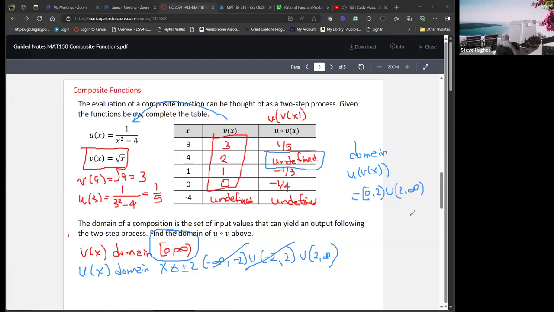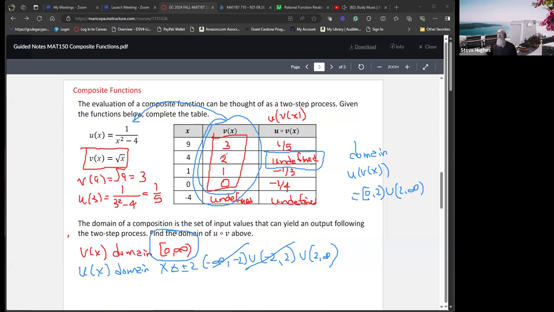So when you're doing the domain of these functions, everybody, consider first of all, what can I put into v of x? That's the first step. What can I put into v of x? And we saw that right here, anything greater than or equal to 0. Then I ask myself, is there anything in that domain such that that output makes my larger function, the u in this case, undefined?